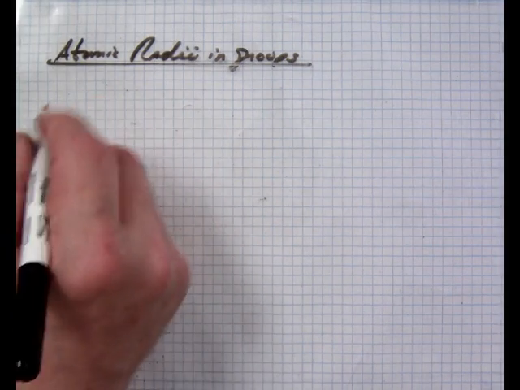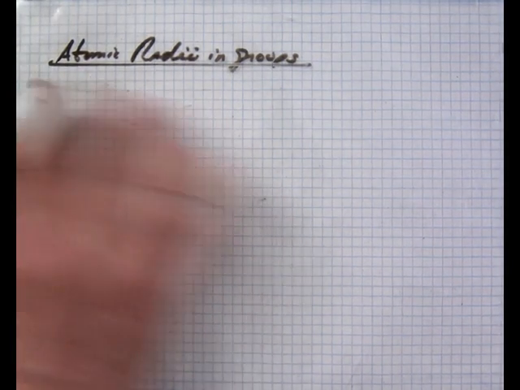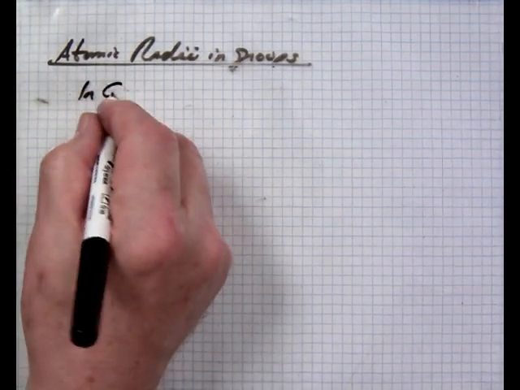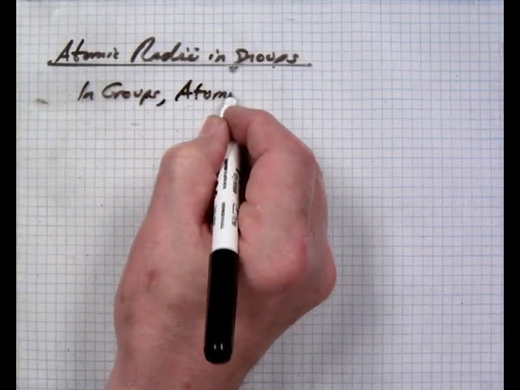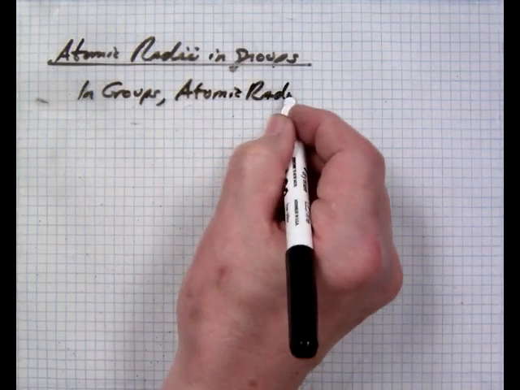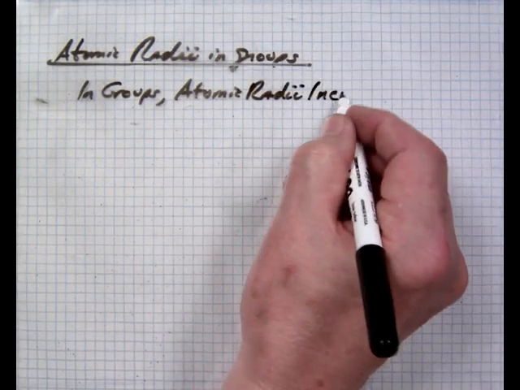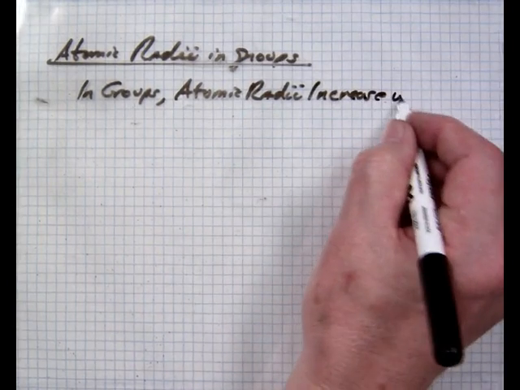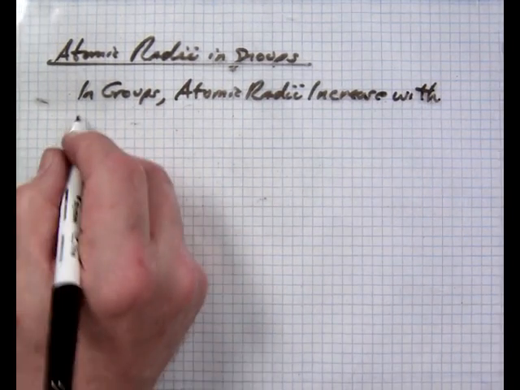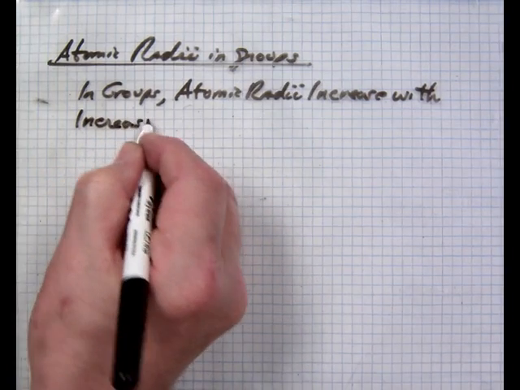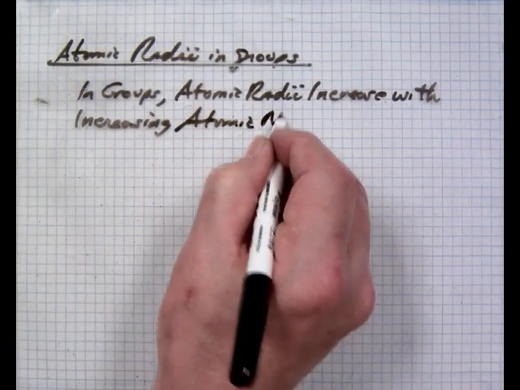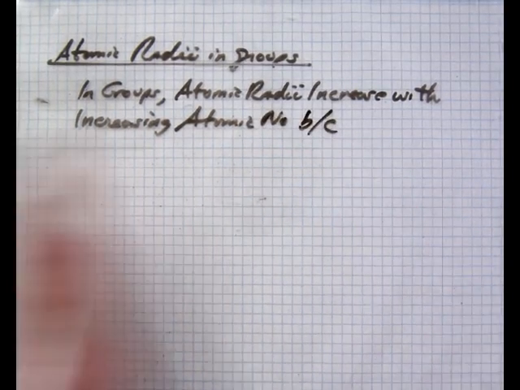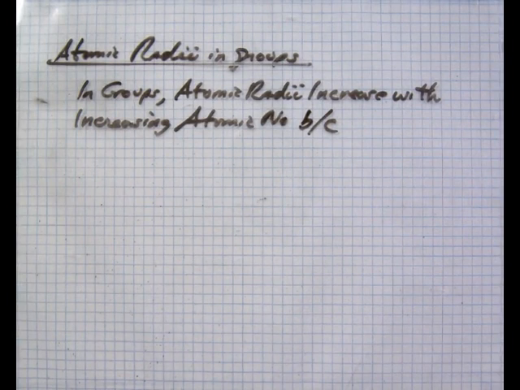In general, atomic radii in groups increase with increasing atomic number, because additional energy levels are simply added.